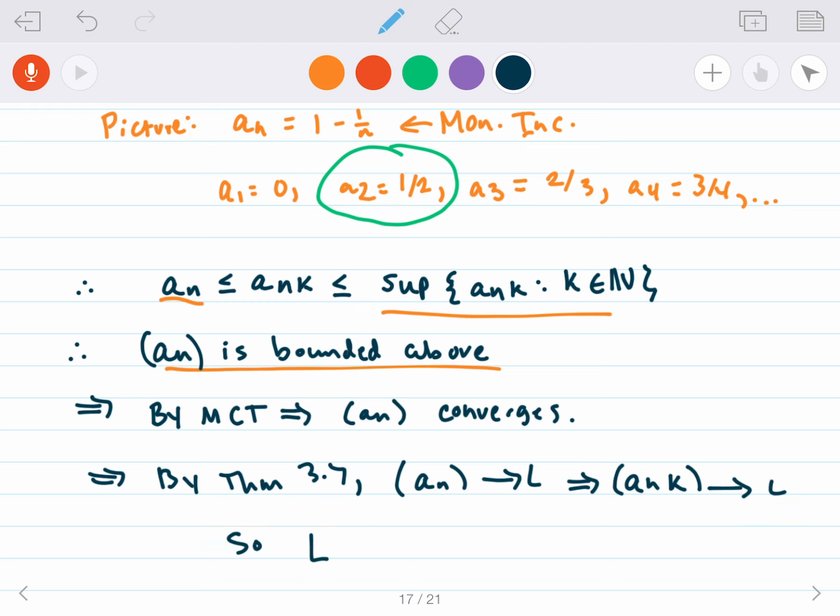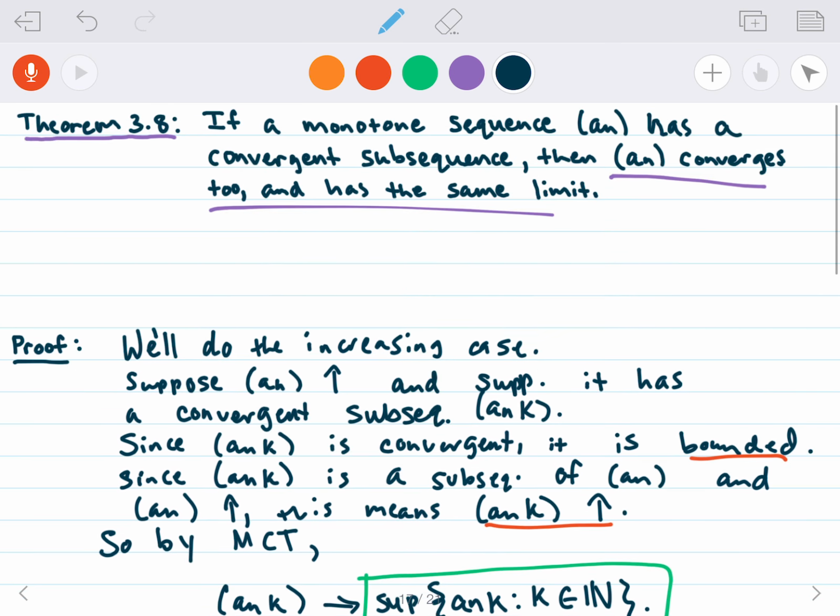And so L is going to be the supremum of a sub nk, which is in n, because our subsequence converges to that L, and so the original sequence also has to converge to that same L. Okay? So that's the proof of that guy.